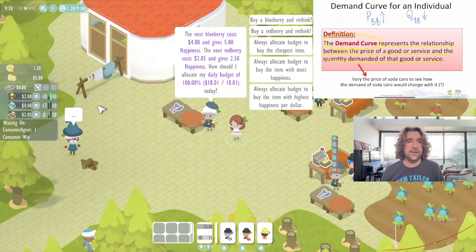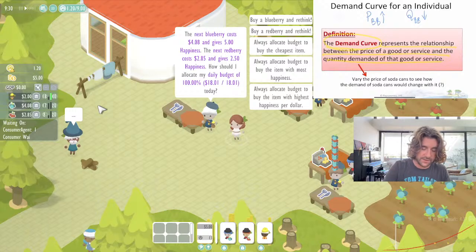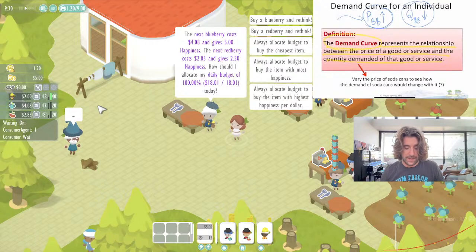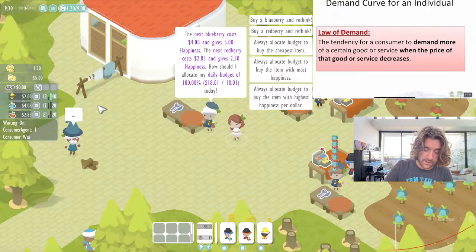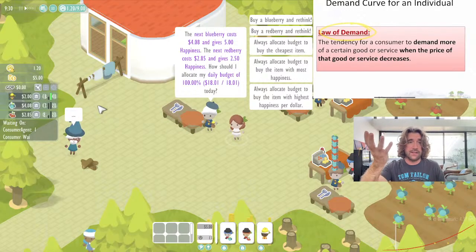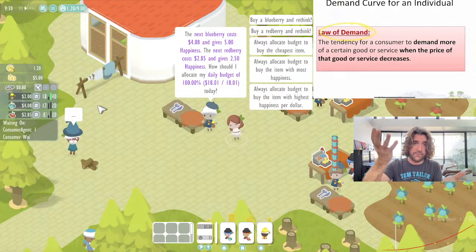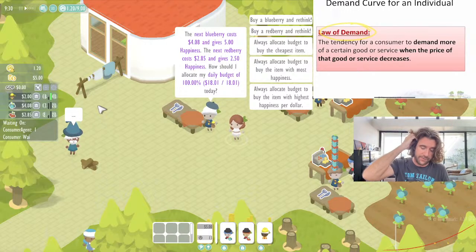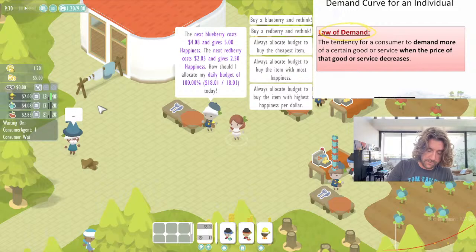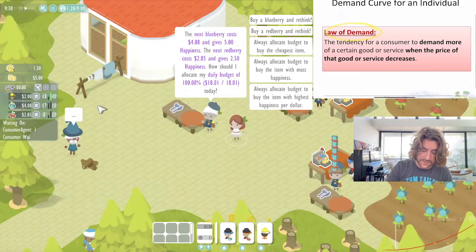This is the demand curve, the relationship between the price of a certain good, blueberries, and the quantity demanded of blueberries. Typically, this is in fact a relationship that follows what we call the law of demand. If the price of blueberries goes up, the quantity demanded of blueberries goes down. If the price of blueberries goes down, the quantity demanded goes up.